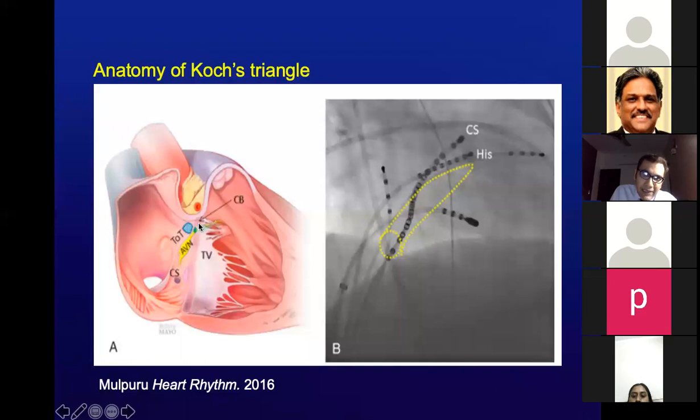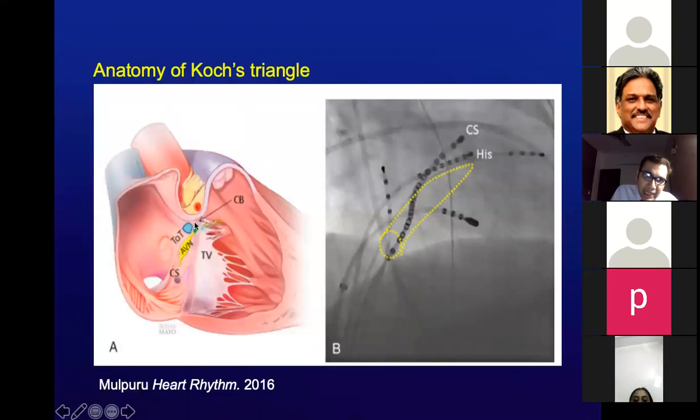At the apex is this penetrating bundle of His, or the catheter recording the His. Anteriorly is the septal leaflet of the tricuspid valve, and posteriorly is this tendon, which is the medial extension of the crista terminalis.